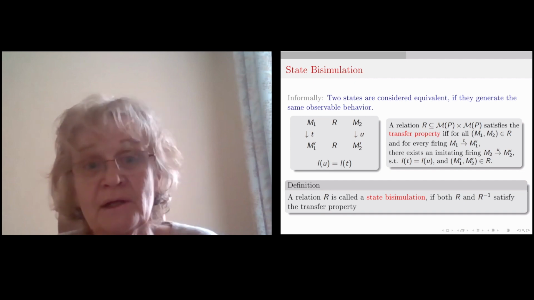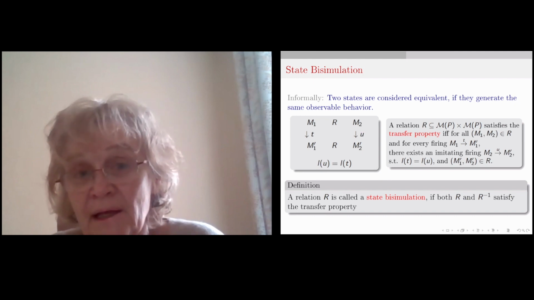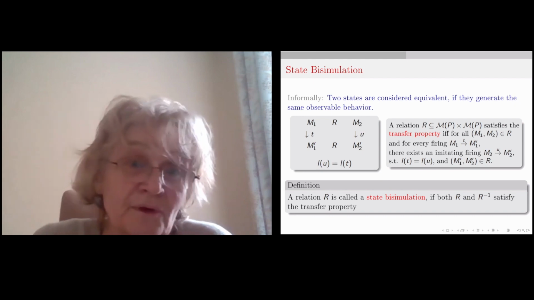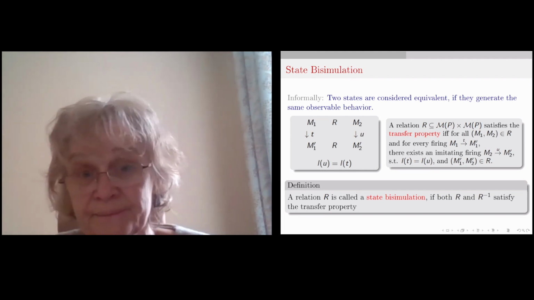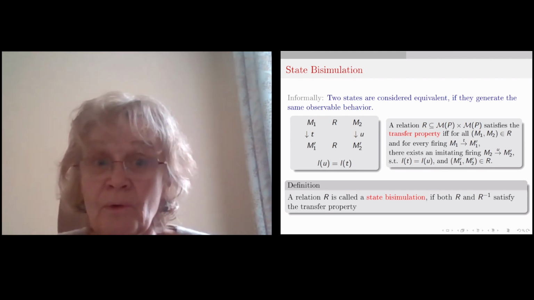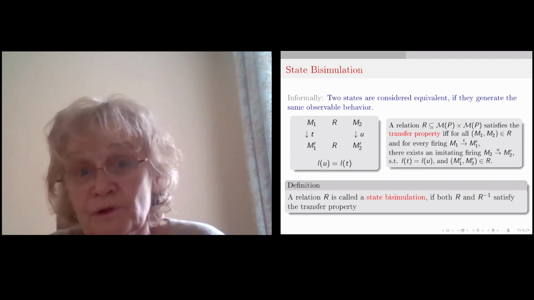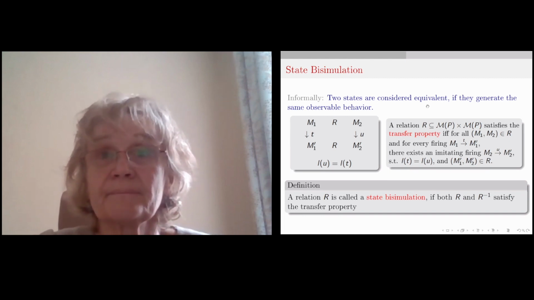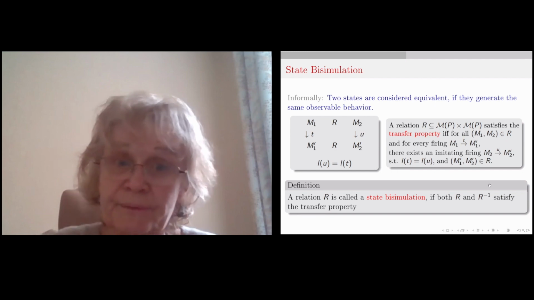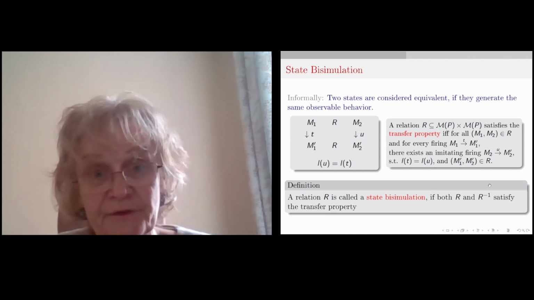We can use different actions for different coins or something like this, but then when we have a model, we have just an alphabet of actions, and that's it. And we do not know anything about states. I mean, we do not see them. Of course, we have states here, but we compare only actions. What is happening, what is observed, that's actions.